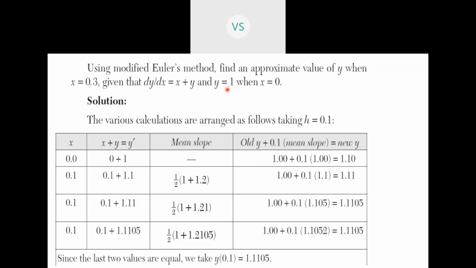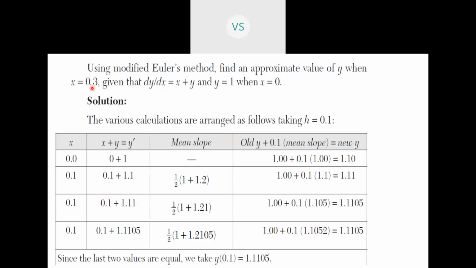So to solve a differential equation, we require the function, x plus y, and the initial condition. The initial condition is at x is equal to 0, y is equal to 1. So the initial value of x is 0 and the final value of x is 0.3. We'll take an increment of 0.1.